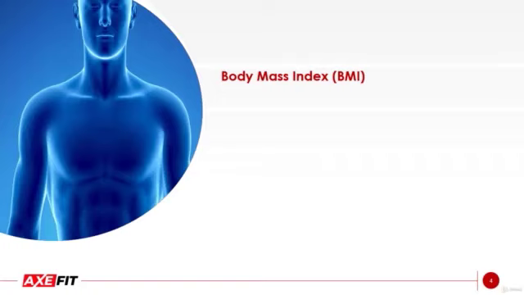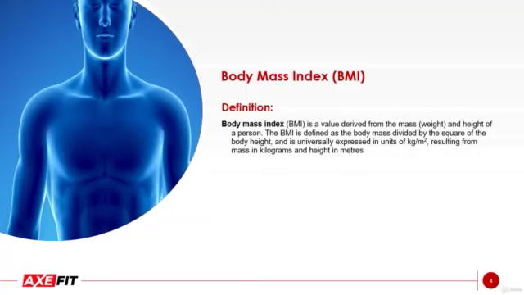So let's understand what BMI means. BMI stands for Body Mass Index. The very definition of body mass index is, body mass index is a value derived from the mass and the height of a person.